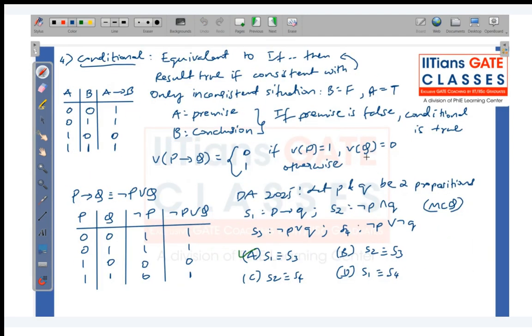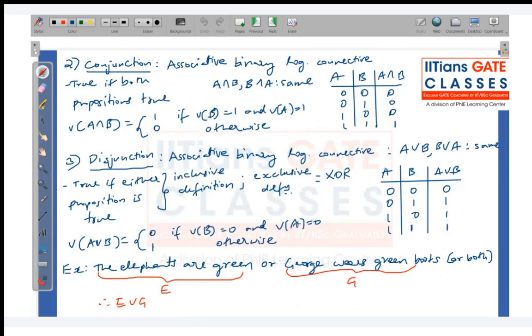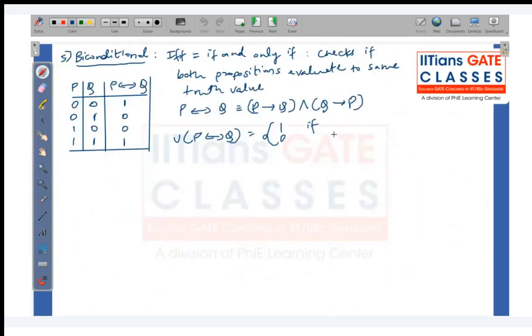For this condition, I had written V of P is 1, V of Q is 0. Here, 0, 0, 1, 1. So what should I write regarding the values of the propositions? I'll be putting in the statement only over here: V of P is equal to V of Q. Otherwise, it is 0.